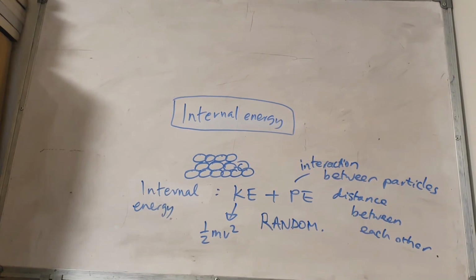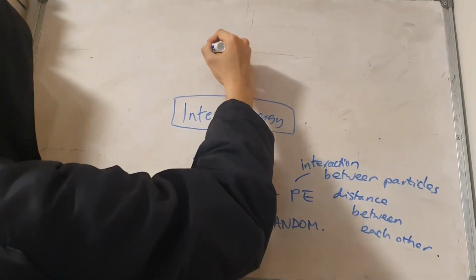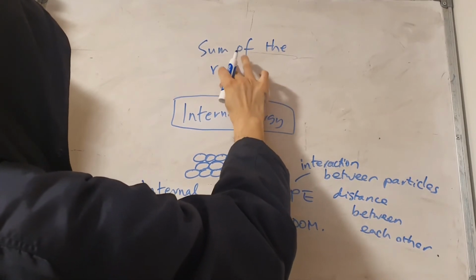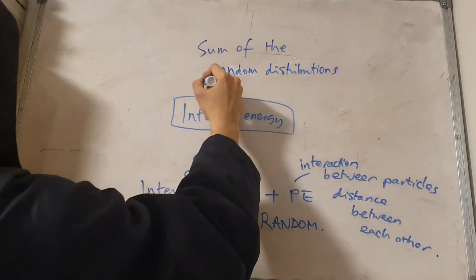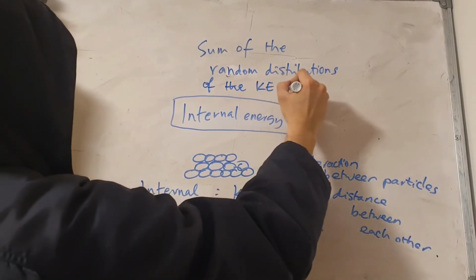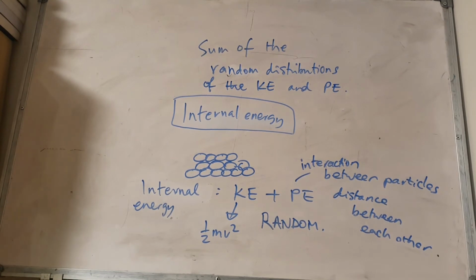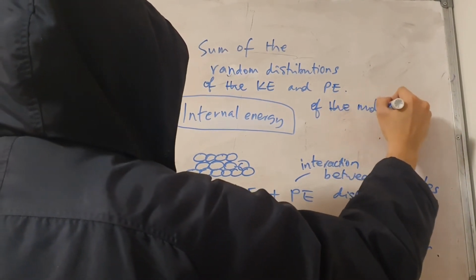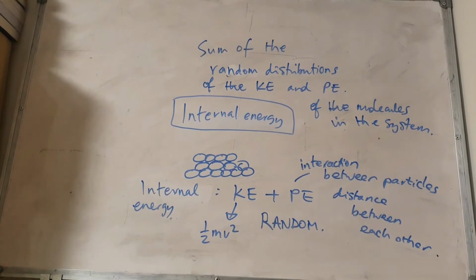It's the sum of the random distributions of the kinetic energy and potential energies of the molecules in the system. So that is the definition of internal energy.